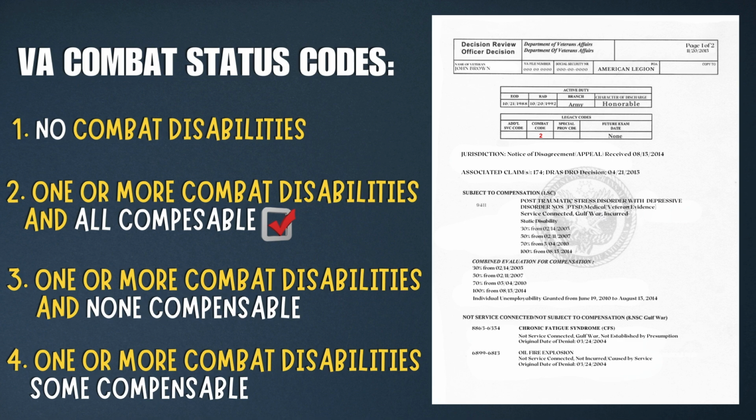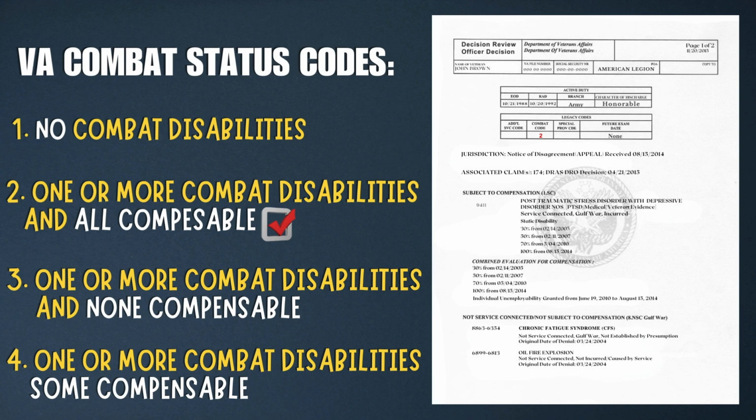Number 4, veterans with 1 or more combat disabilities, but some of them are compensatable and others are not. What that means is some of them affect your ability to work and other ones don't, and the ones that don't are not compensatable. As a side note, and to be clear, there are some service-connected disabilities that are combat-related, and there are some service-connected disabilities that are not combat-related.